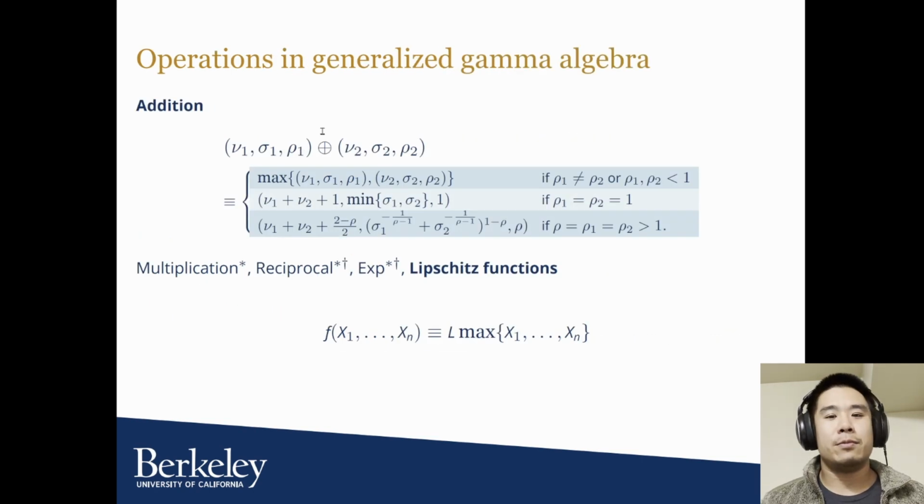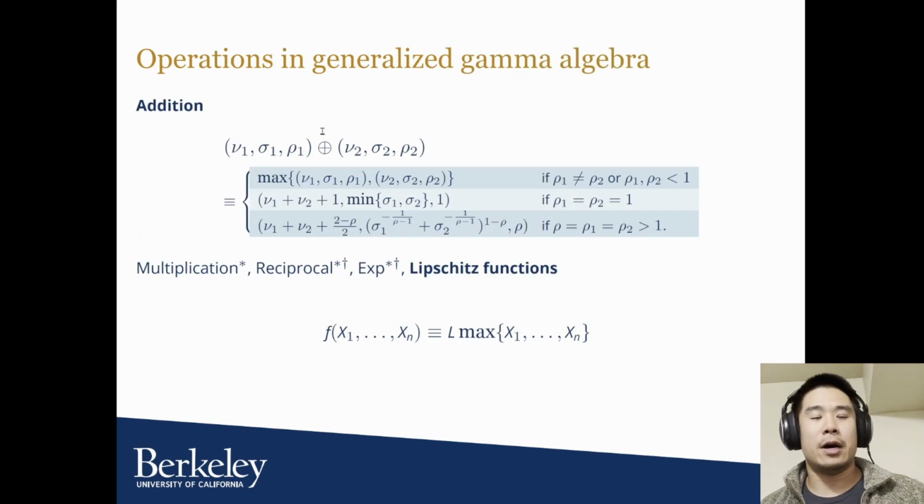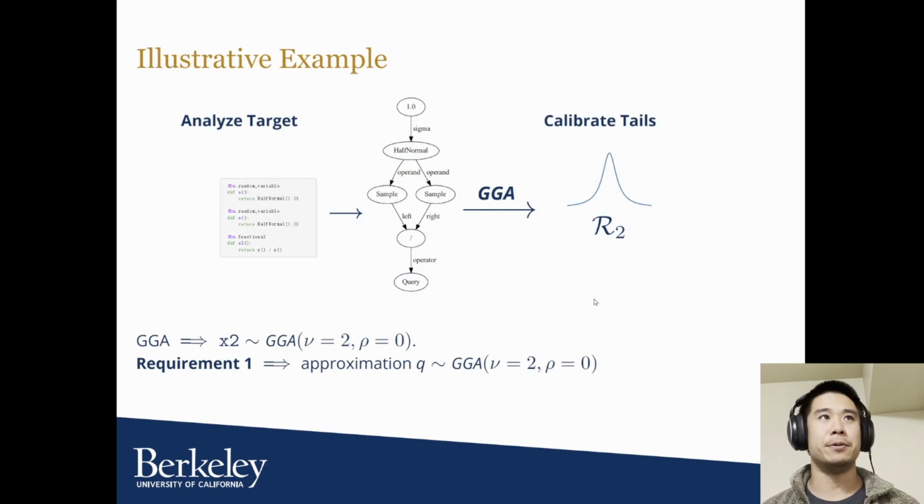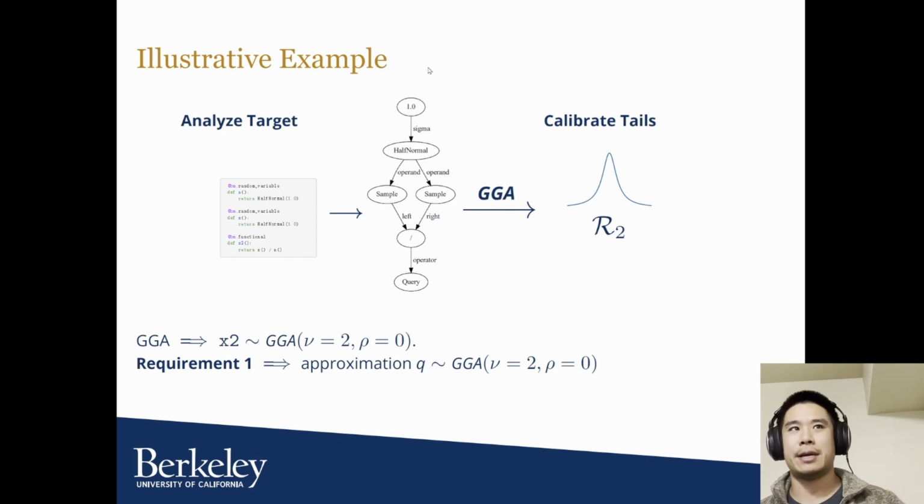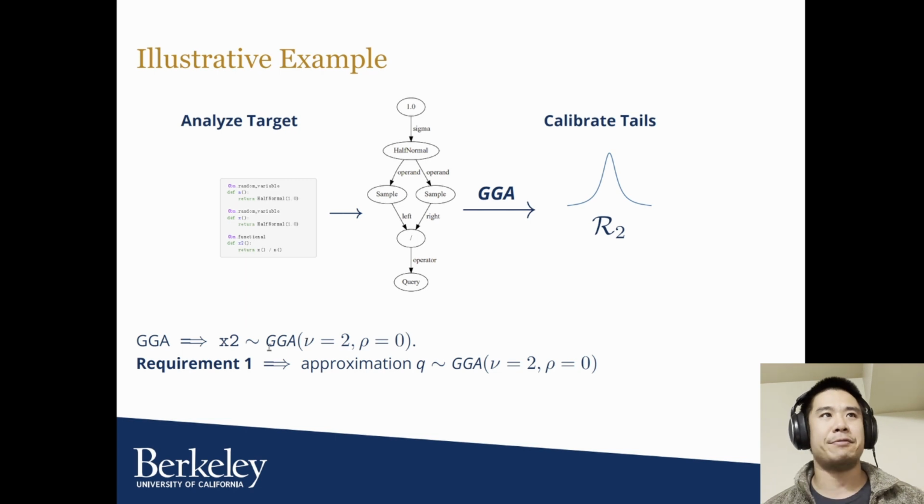In the paper, we provide details showing how operations such as addition, multiplication, and exponentiation translate to operations on the generalized gamma random variable parameters. Continuing our illustrative example, we can now use the developed generalized gamma algebra to analyze the abstract syntax tree and determine that, in fact, our target is generalized gamma with nu equal to 2.